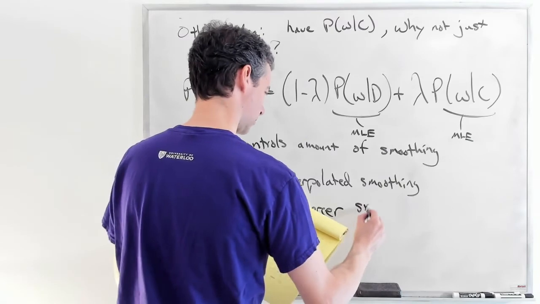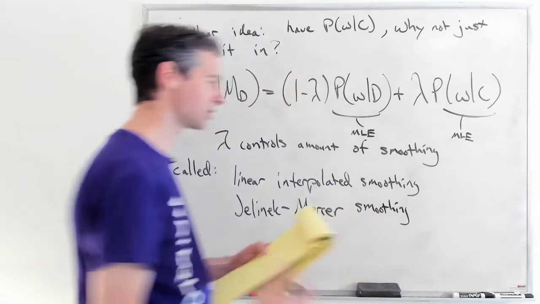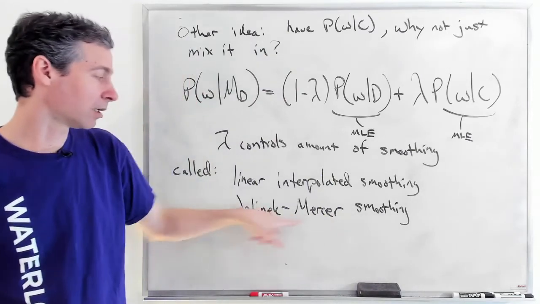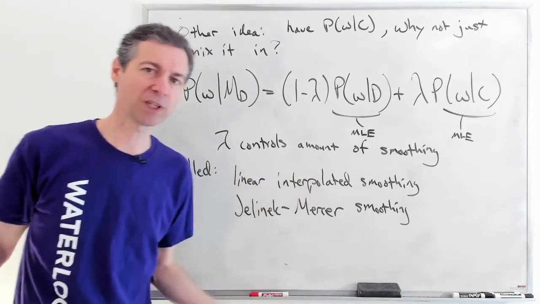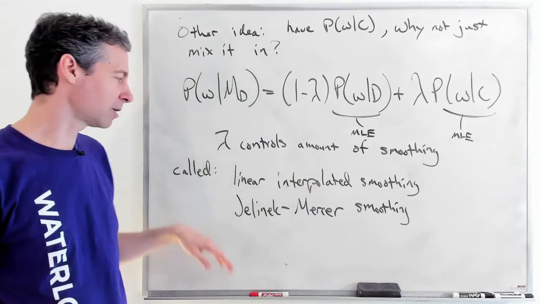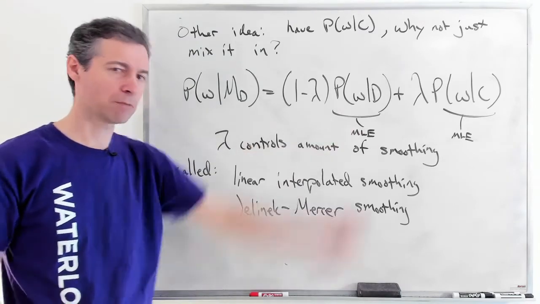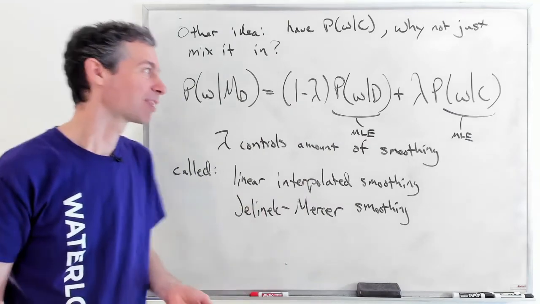It's hard to find the original documents, but there are original documents where these people did linear interpolated smoothing, and someone later came along and gave it their names.